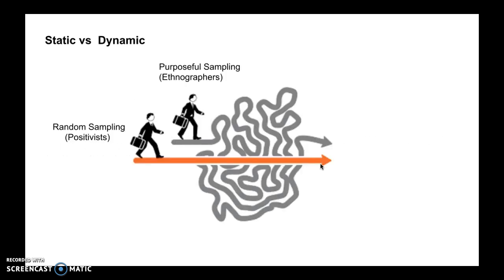But people who use these different types of sampling strategies view the sampling process differently. For instance, for random sampling strategies, most positivists like to use this, and they view the sampling process as a static, linear process. After they finish the data collection, they feel it's done, the data collection is over, and they start data analysis. But ethnographers view the sampling process as an interactive, developmental, dynamic process.